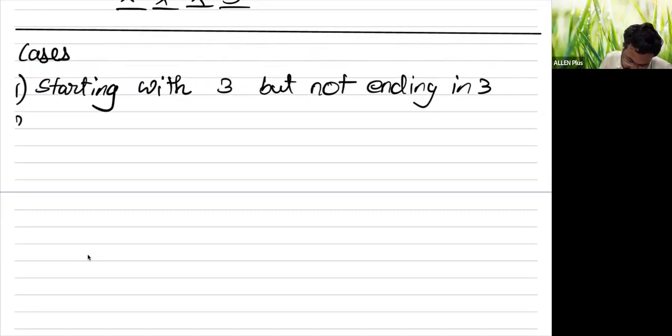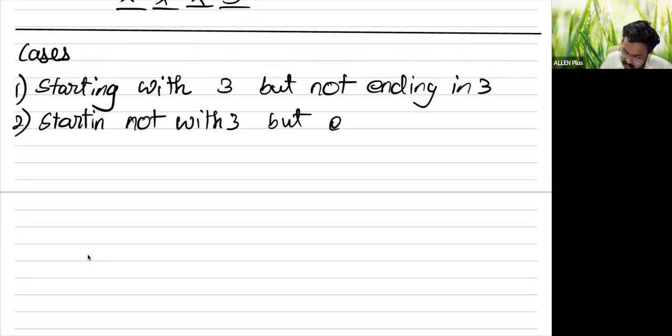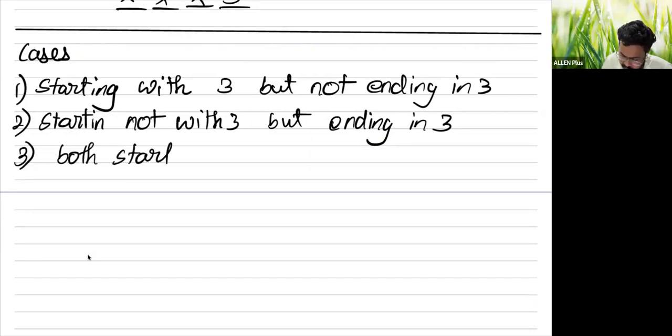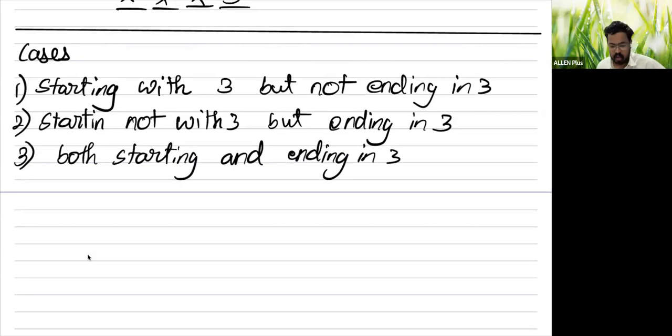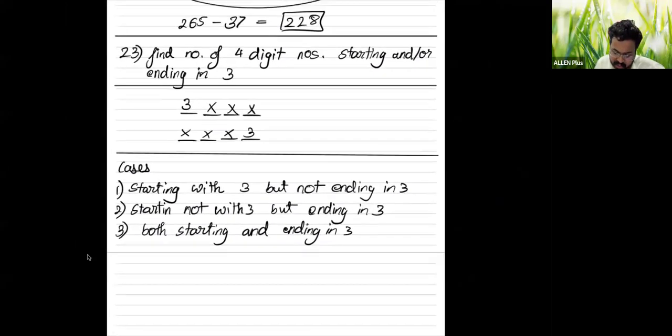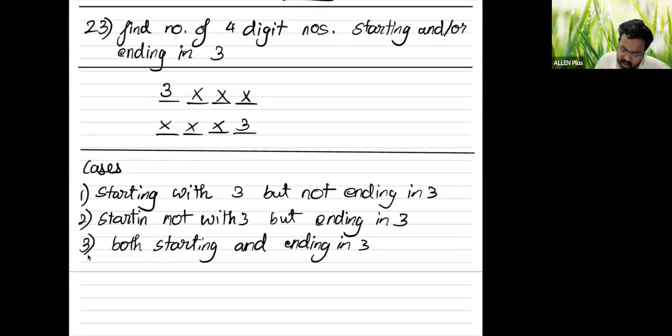Second case: not starting with 3, but ending in 3. And third case: both starting and ending in 3. You can realize that this question also has a Venn diagram associated with it.